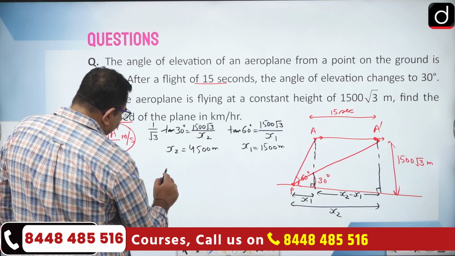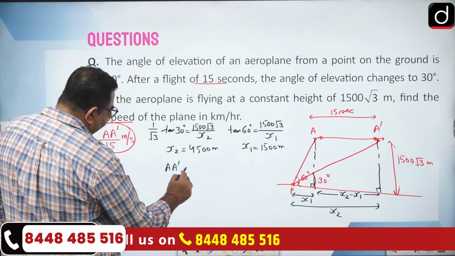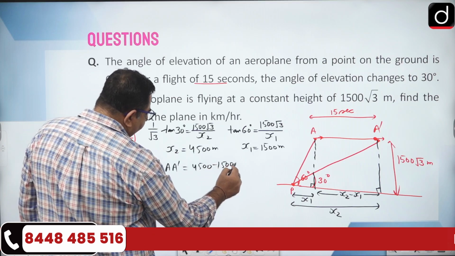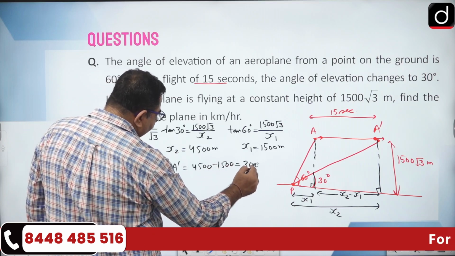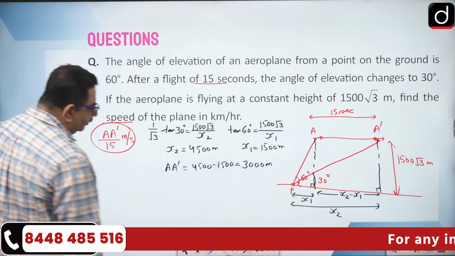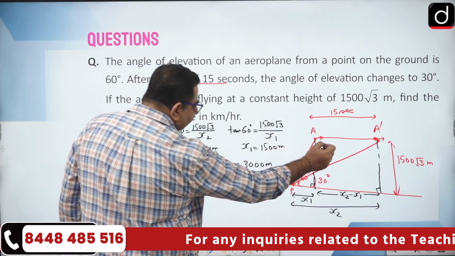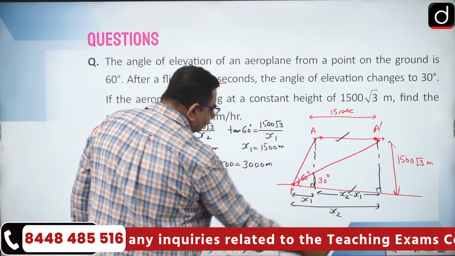So from here, can I say that A dash is equal to 4500 minus 1500, that is 3000 meters. So this is A dash, that is x2 minus x1.